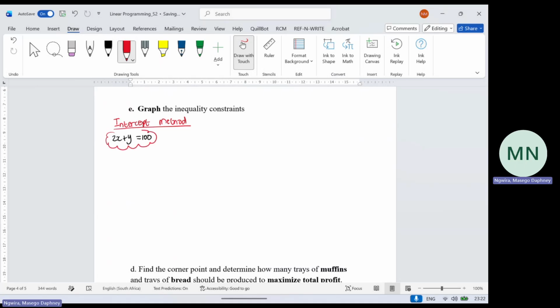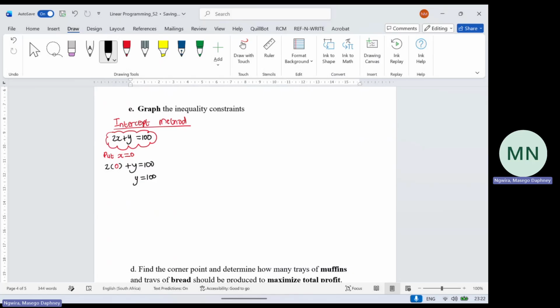And then we do the put y. So now let's start with put x. We start with saying put x is equal to 0, and then you solve for y. So this will be 2 times a bracket, wherever I see x, I put 0, plus y, equals 100. So 0 times 2 is 0, which means y is equal to 100.